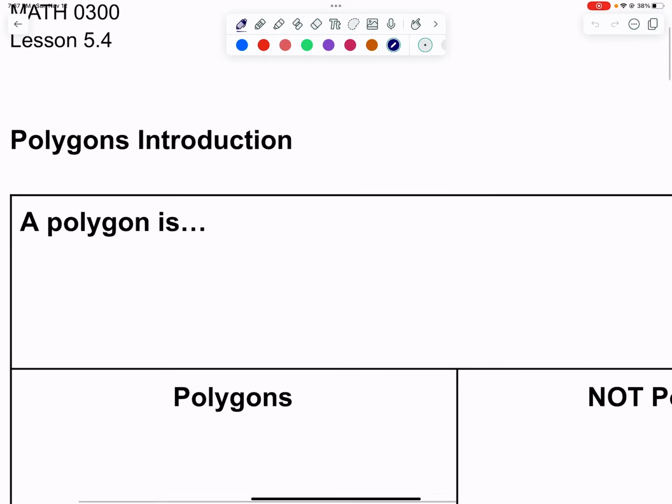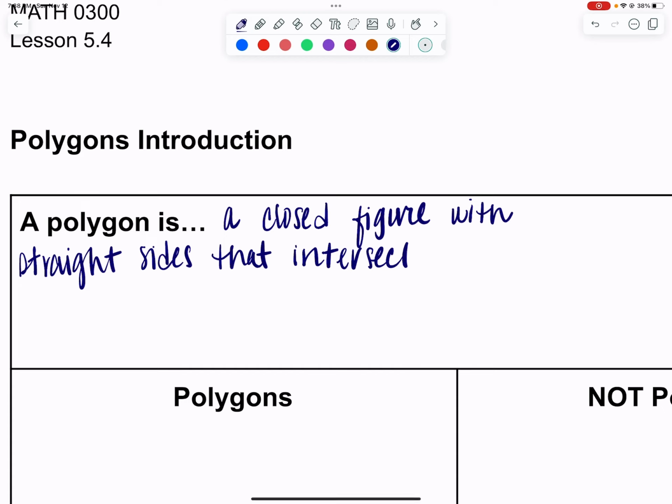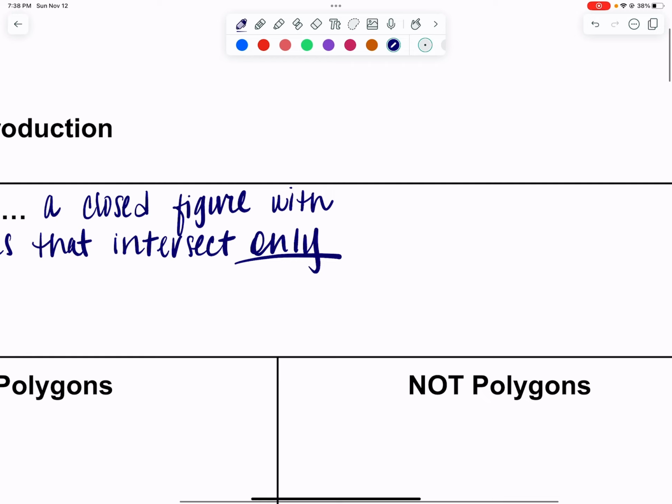So we say, officially, a polygon is a closed figure with straight sides that intersect only at their endpoints.